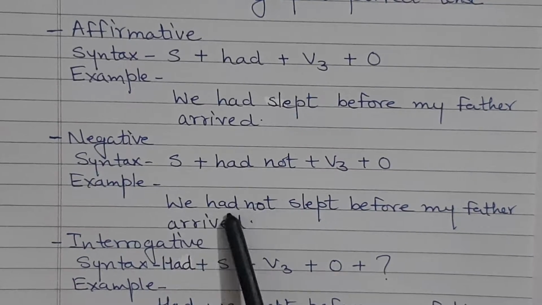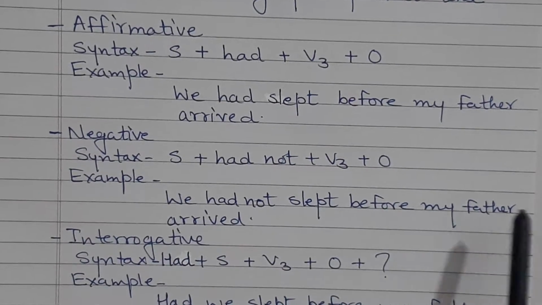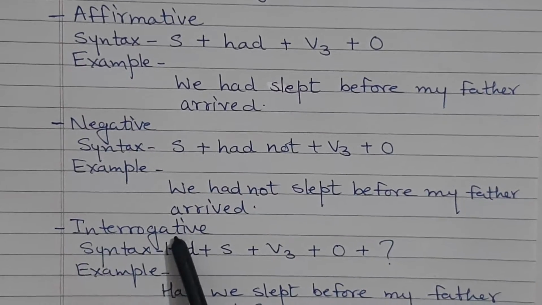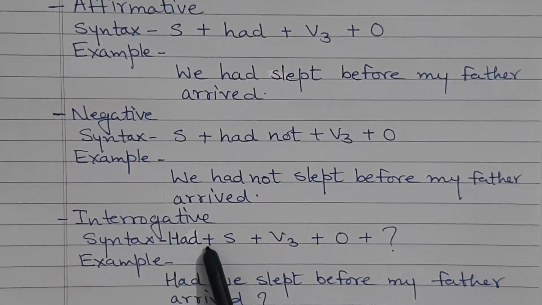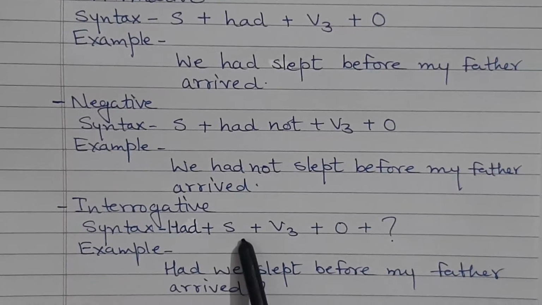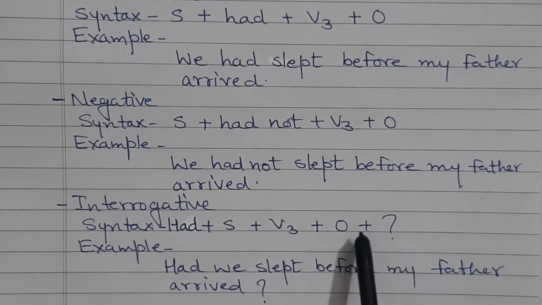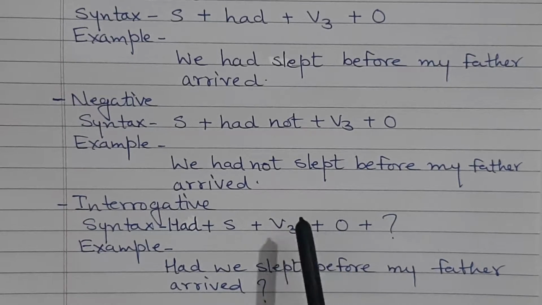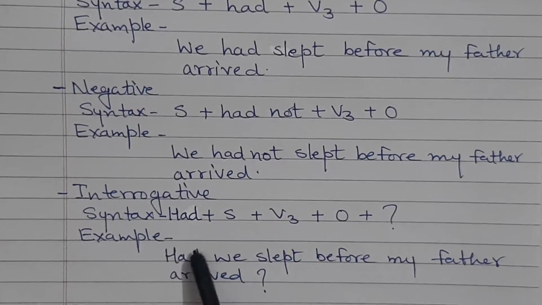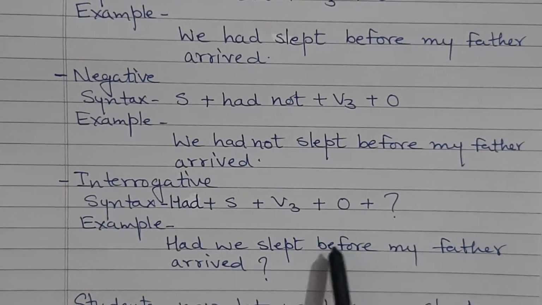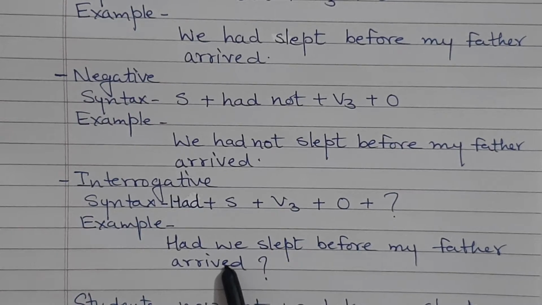For example, we had not slept before my father arrived. For interrogative sentences, syntax: had plus subject plus V3 plus object plus sign of interrogation. So for interrogative sentences, we use had in the beginning. Had we slept before my father arrived?